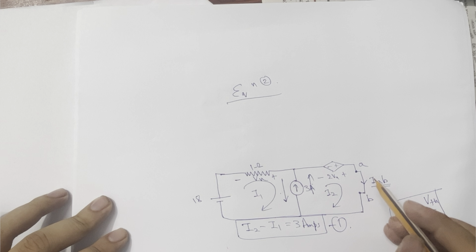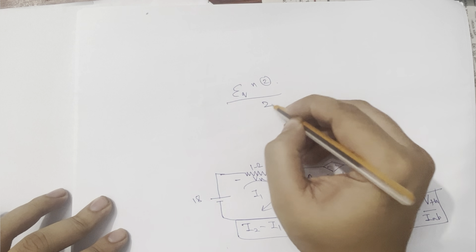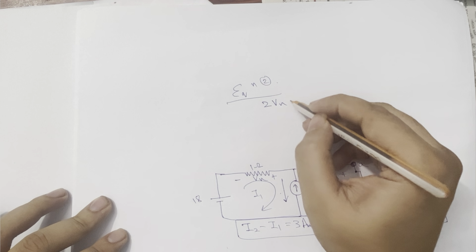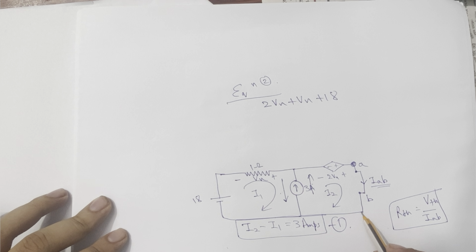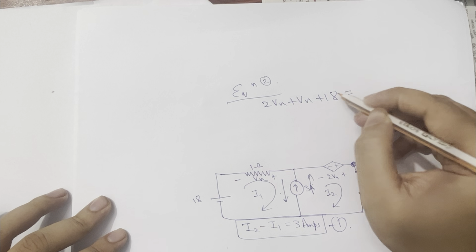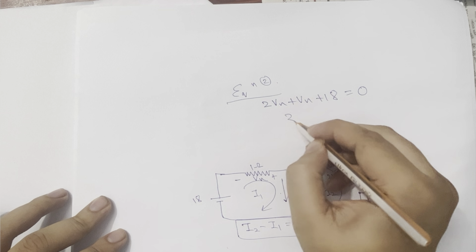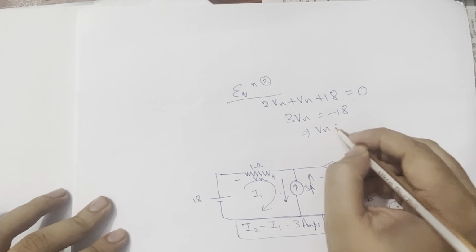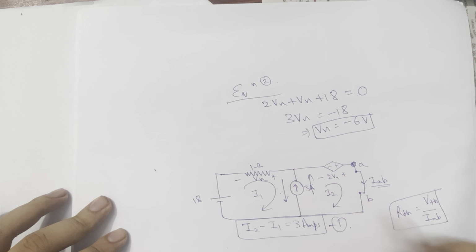So let's write the KVL equation, starting from this point and coming back to this point: 2Vx plus Vx plus 18 will be equal to 0. So 3Vx equal to minus of 18, which implies that Vx equal to minus of 6 volts. So now I got Vx also.